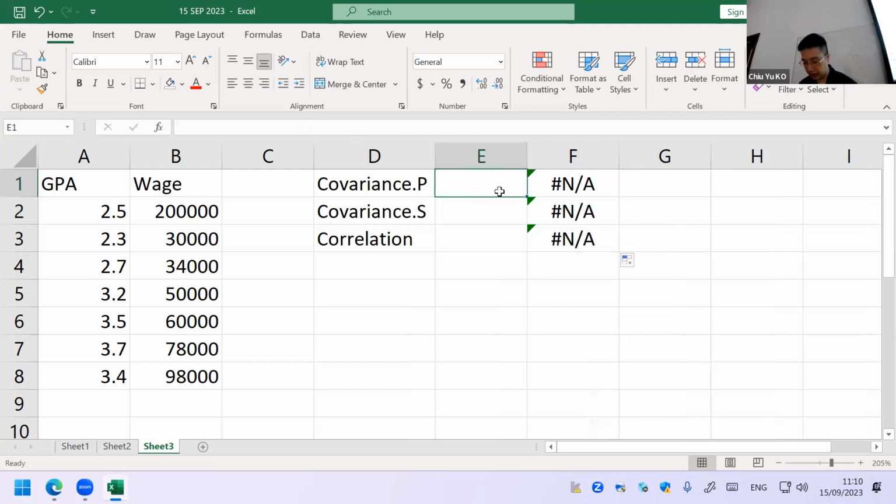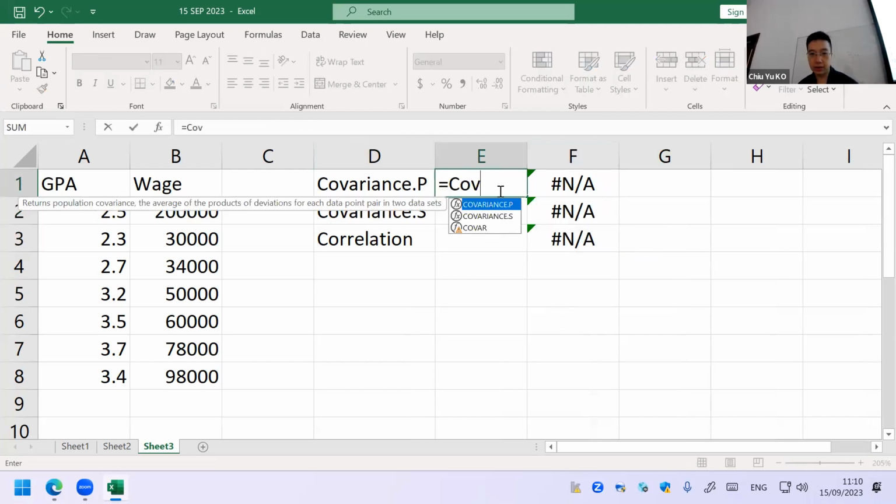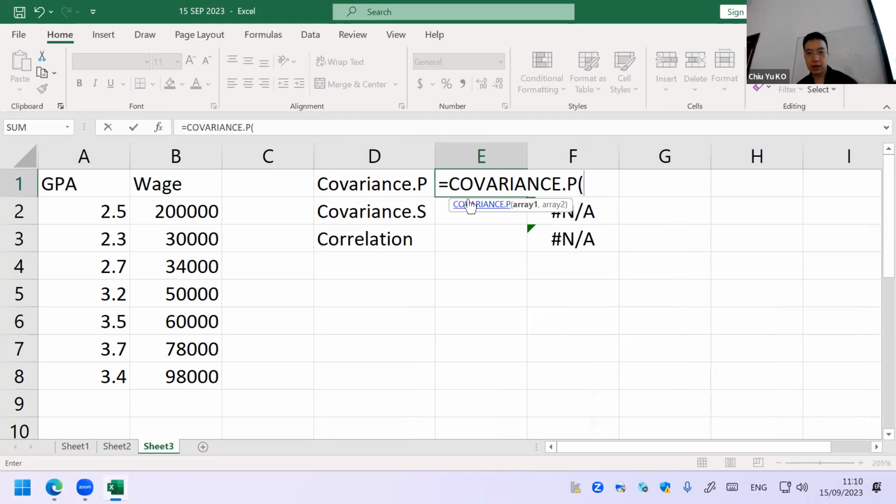So this formula is very simple, just COVARIANCE.P. Now we have to be very careful here because we have two different columns, so you have to input this twice. First, to tell it what the first column is, I will click A2 up to AX.